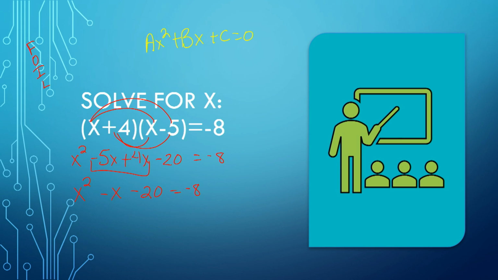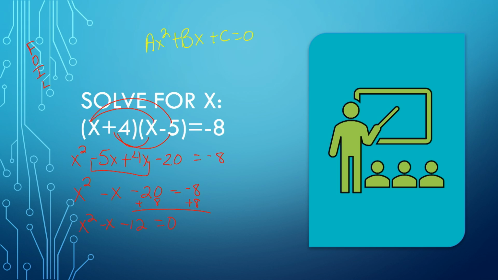Now, it's not quite where I need it to be. It's not quite at that standard form. I need to bring that negative 8 over. To do that, I do opposite operation to get everything together. So I have x squared minus x minus 12 equals 0. Now I've got all my numbers together. Now I can start solving for my x.